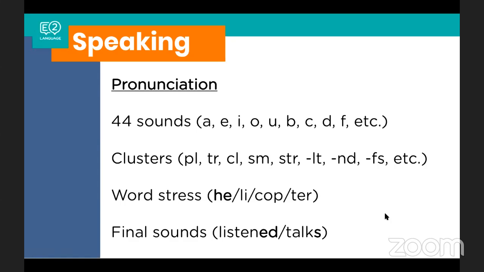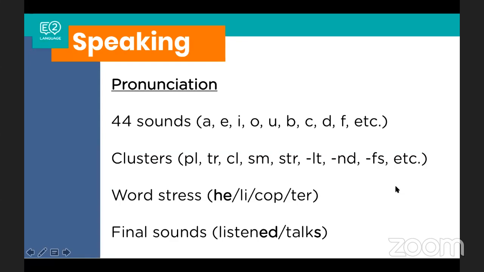All it is d. And all of a sudden, I have changed the meaning of that verb listen to listened and put it into past tense. So it's incredibly important that when you're speaking, you hit those final sounds correctly. The other one, of course, is he, she, it talks. And the other one is with nouns, one noun, two nouns.